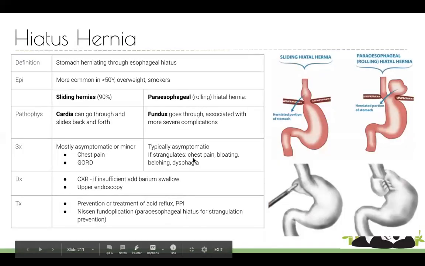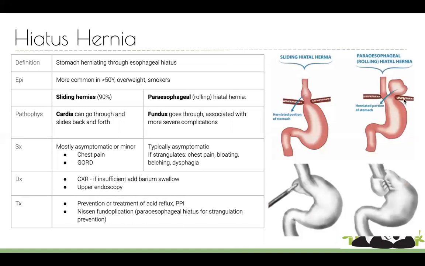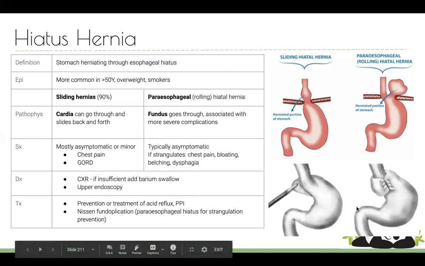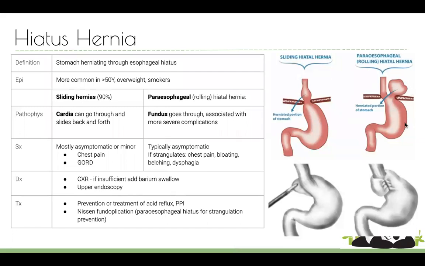So these are your hiatus hernias, and that's your stomach. That is your diaphragm. Like that. They can be sliding most of the time, 90% of the time, which is when basically your cardia goes through. So remember, I don't have a good picture of a stomach here, but your cardia is kind of like this bit, whereas your fundus is like the bit that comes out the top like that.